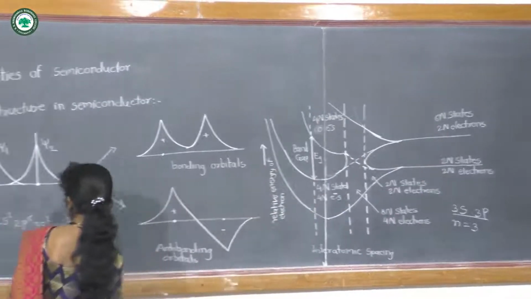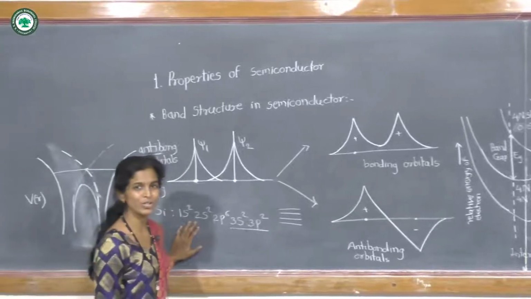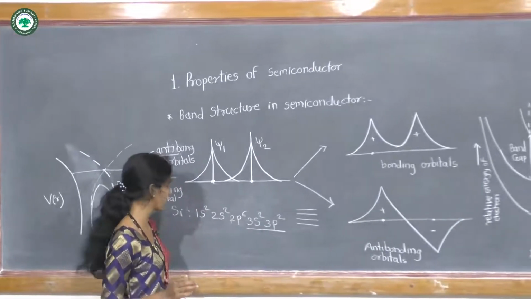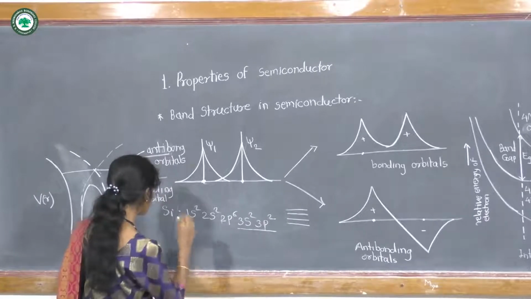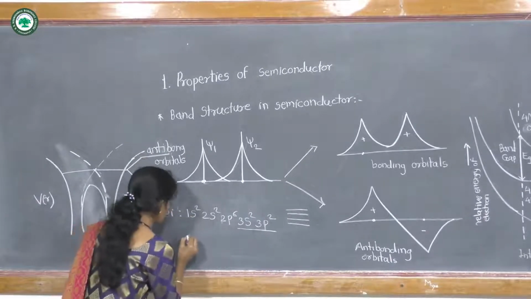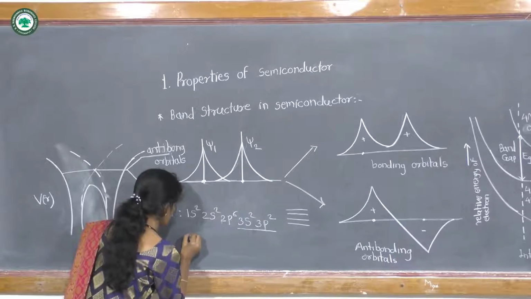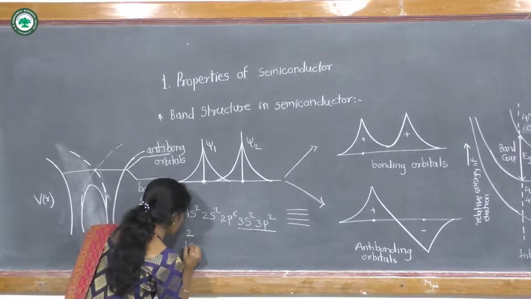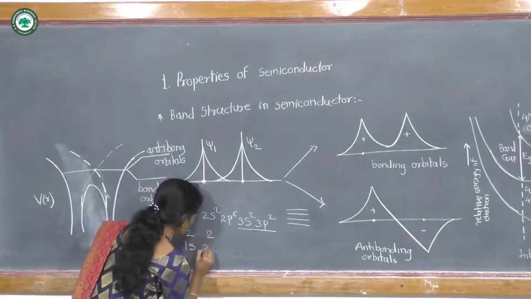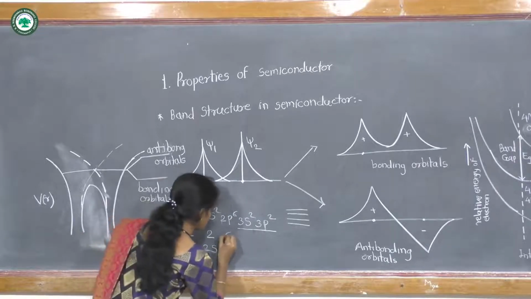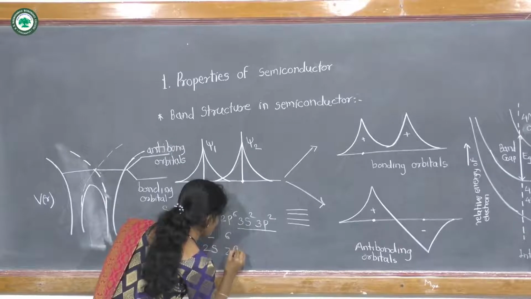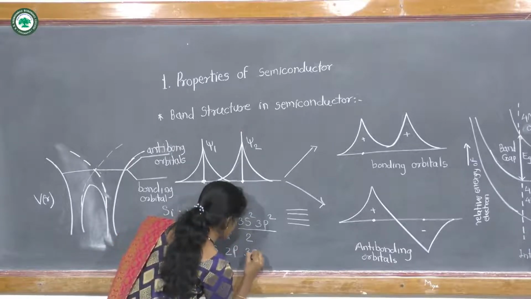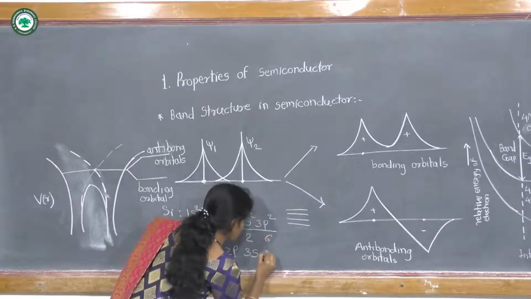Let's consider this is the electronic configuration. If we consider two silicon atoms coming closer, then for a single electron there are two 1s states, two 2s states, six 2p states, two 3s states and six 3p states.